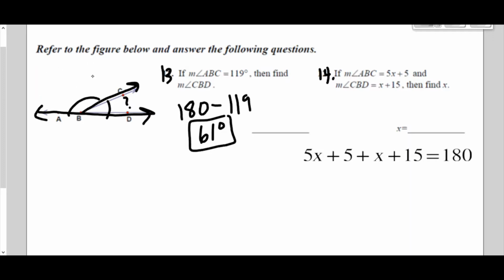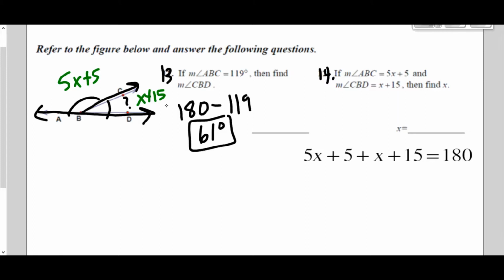Number 14. If ABC is 5x plus 5, and CBD is x plus 15, then find x. So again, we know these have to add up to 180 because they're a linear pair. So what we can do to find x is we'll just add our two angles up together, set it equal to 180, and solve.